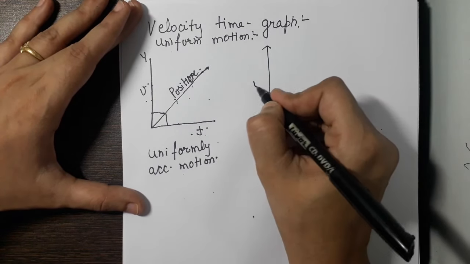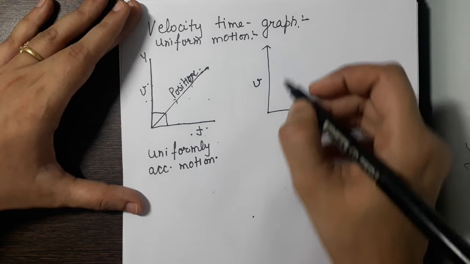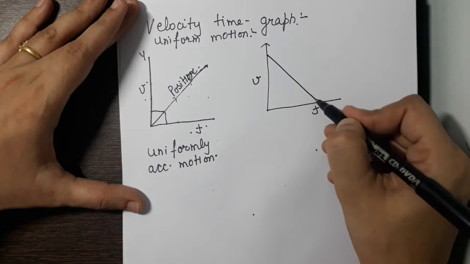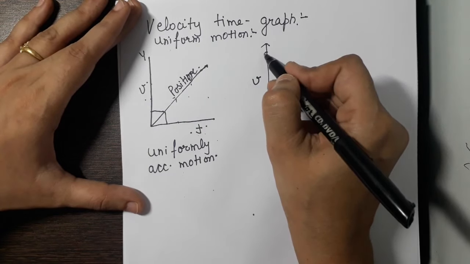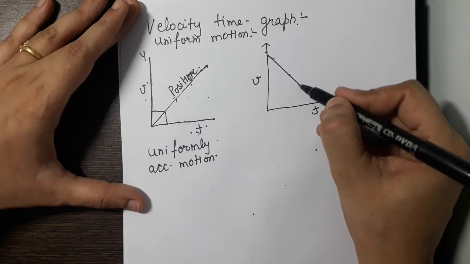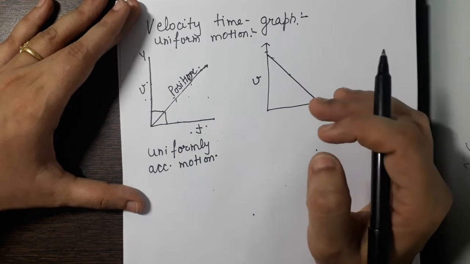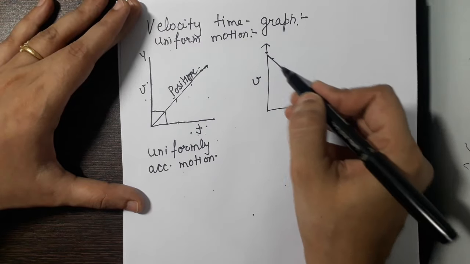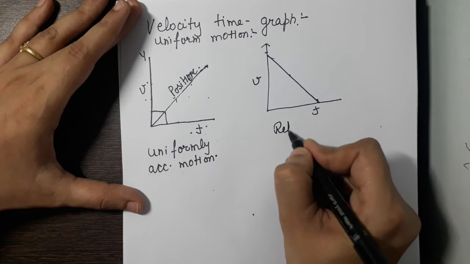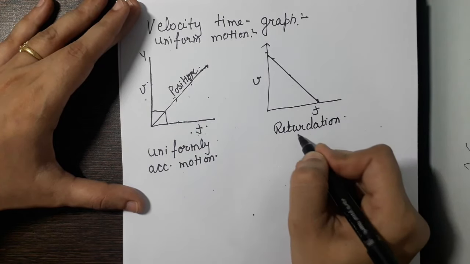If we have a curve with a negative slope like this, here firstly velocity was more, but as time passes velocity is decreasing, but decreasing uniformly by an equal amount. So this curve shows the retardation.